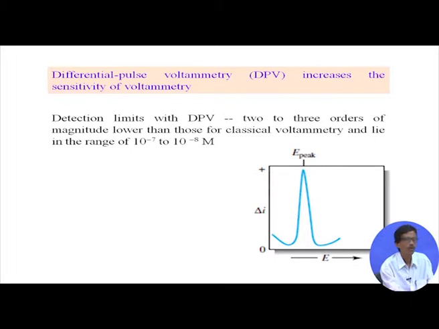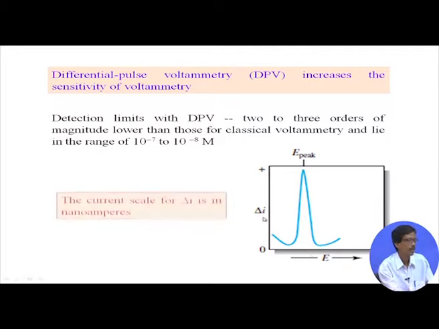What we have just drawn is taken from a textbook, again Cook's book, which also shows how you plot that. It is not I, it is delta I, that is why it is a differential technique. In differential pulse voltammetry you plot not I against E, but delta I against E. From 0 to a positive magnitude, you measure the peak, and this peak gives the corresponding potential value for your electron transfer for any oxidation or reduction.